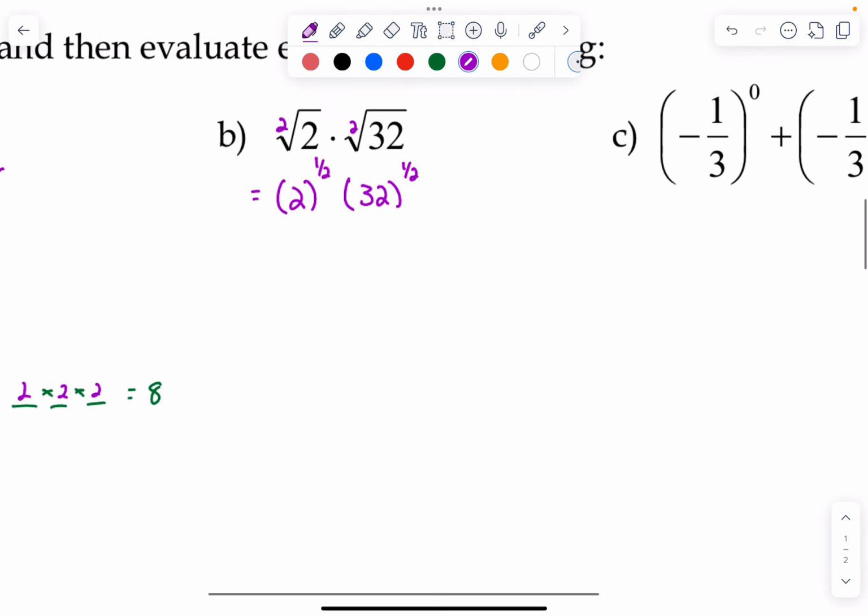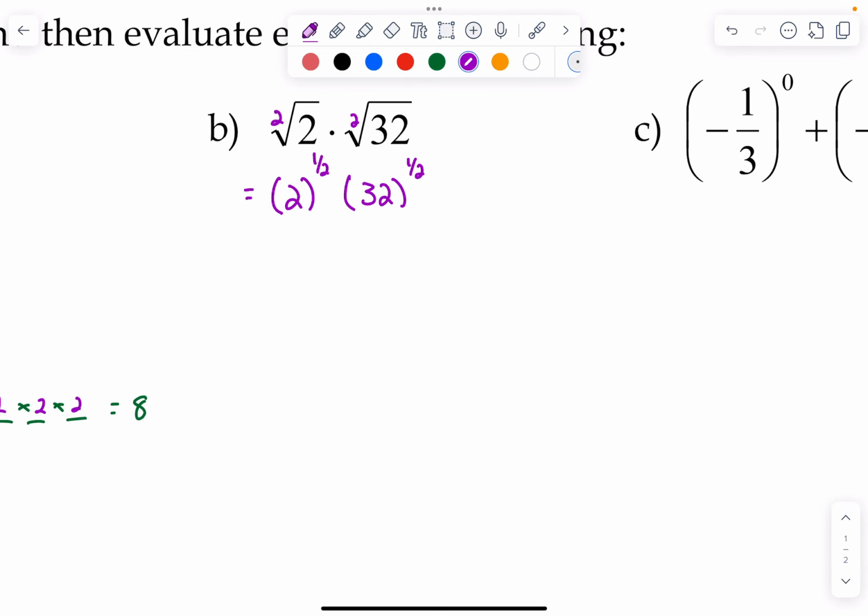So if we have 2 to the 1/2, 32 to the 1/2, I'm going to undo the distribution of those exponents. That'd be like me saying 2 times 32 to the 1/2, right? Because I could distribute these exponents, and I would just get the line that I had above.